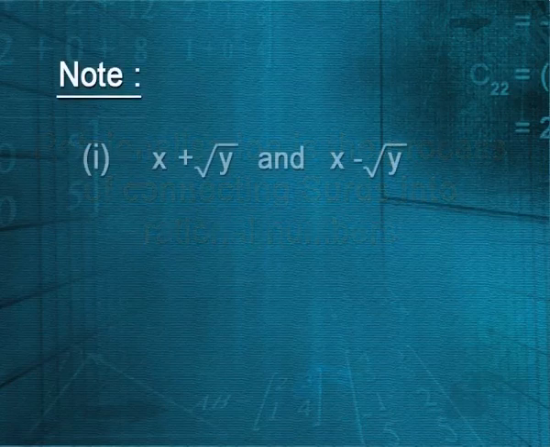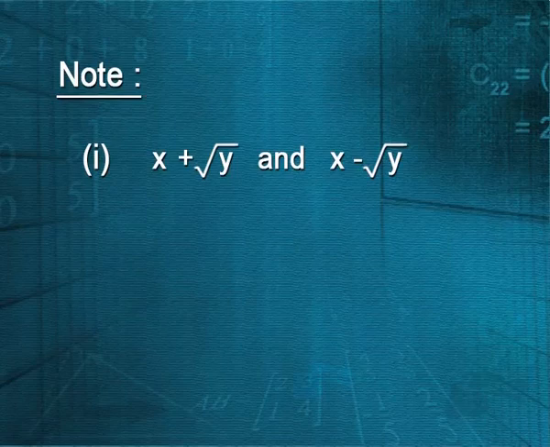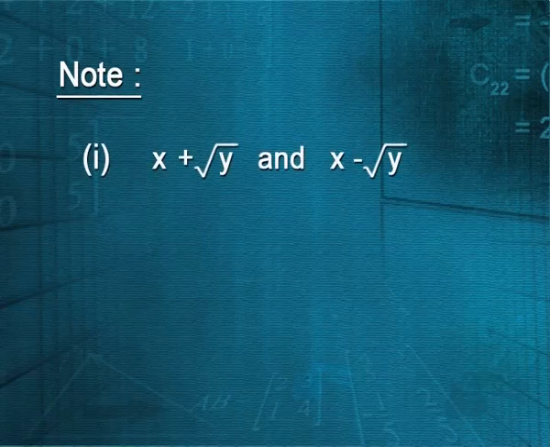Note, x plus under root y and x minus under root y, surds of this type are called conjugate surds. One is x plus root y, other is x minus root y.